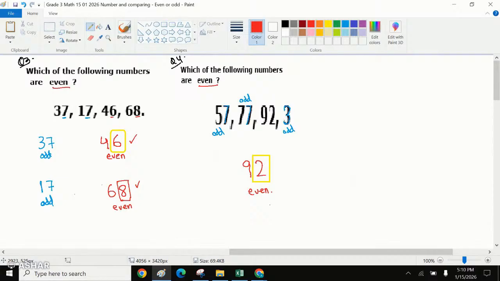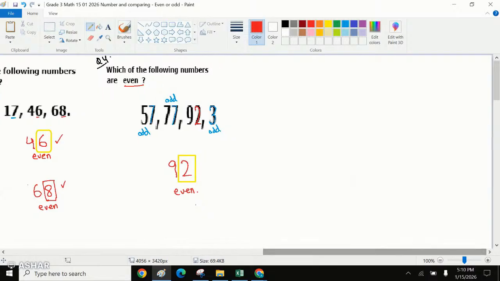Yes, 92 is the only even number out of these four numbers, because it is ending with a 2. Great, thank you. Let's look at a few more questions.